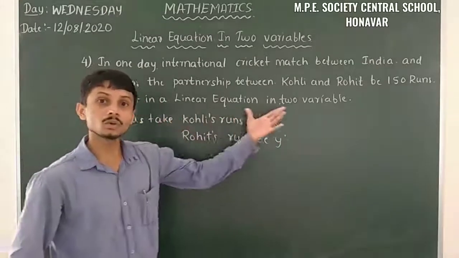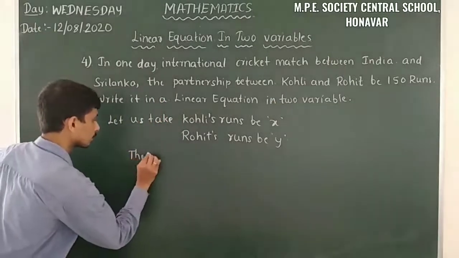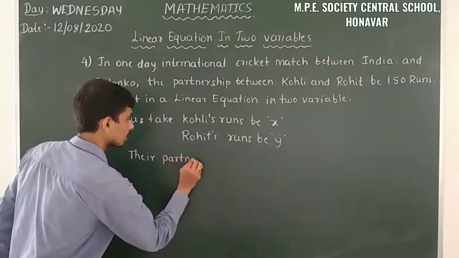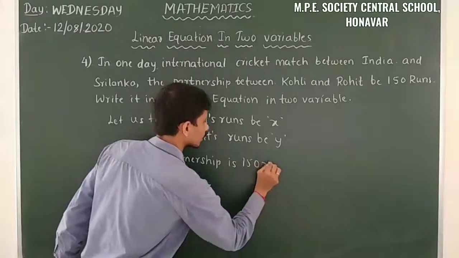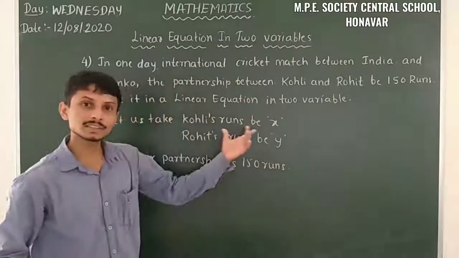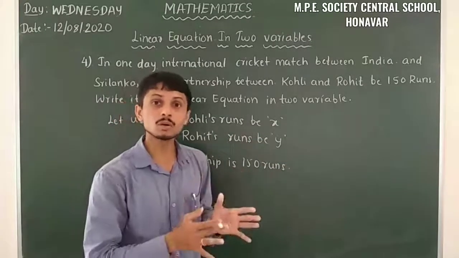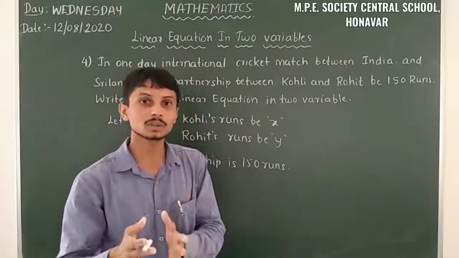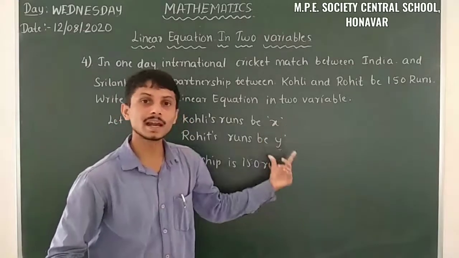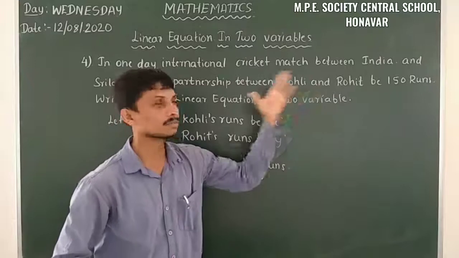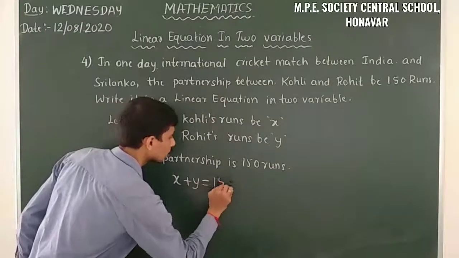Together they scored 150 runs, that means their partnership is 150 runs. The sum of Kohli's runs and Rohit's runs is 150 runs. So we add the value of x and the value of y and we get 150. That means x plus y is equal to 150.